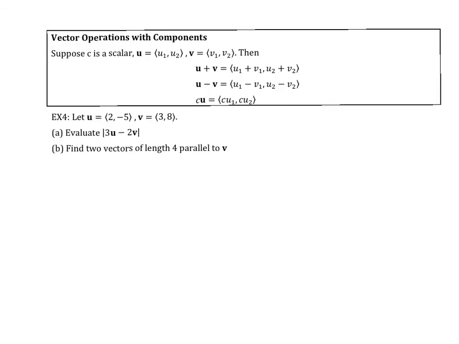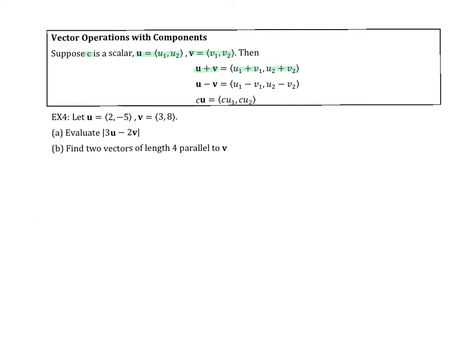Let's look at operations with our vectors. So let's suppose we have some scalar c, which is again just a real number, and we have our vectors u as u sub 1, u sub 2, and v as v sub 1, v sub 2. Then when we add vectors, we're just adding component-wise.